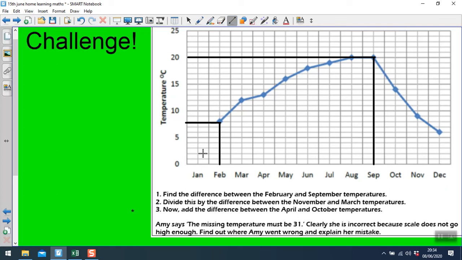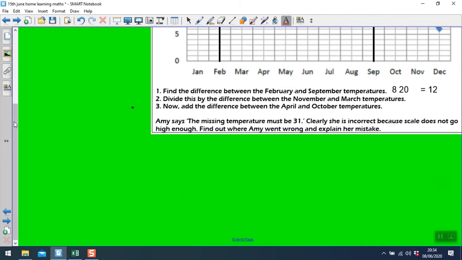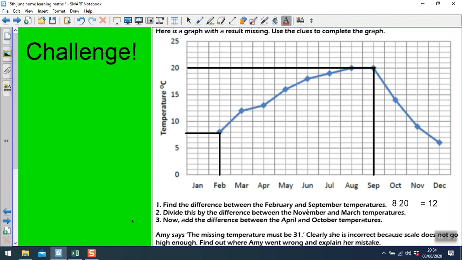So February was 5, 6, 7, 8 degrees, and September was 20 degrees. So the difference between 8 degrees and 20 degrees is 12 degrees. Now we've got to look at November and March temperatures. So March was 12 degrees.